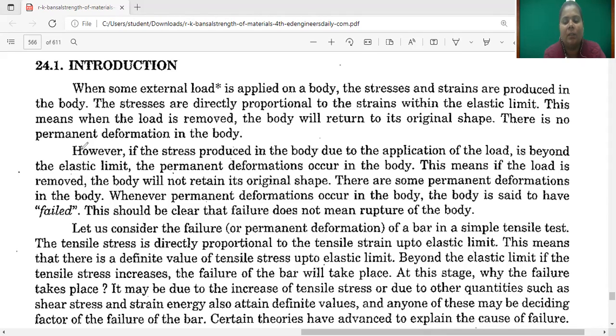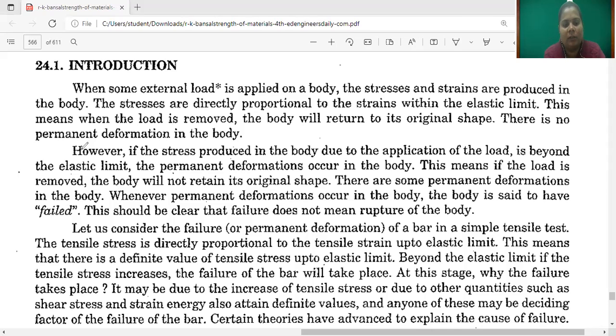This means if the load is removed, the body will not retain its original shape.